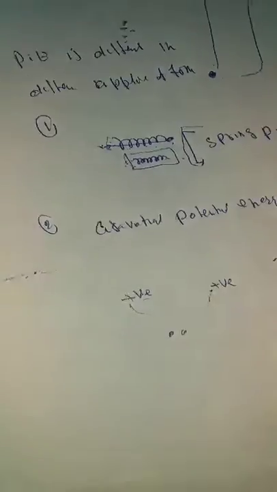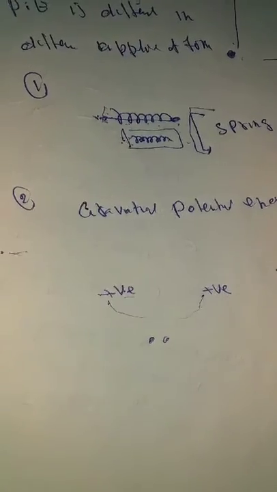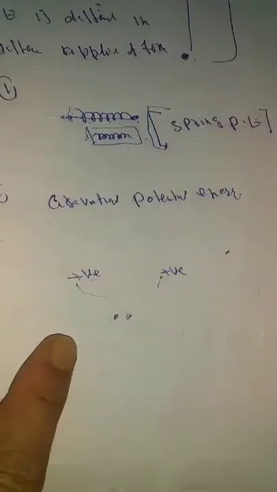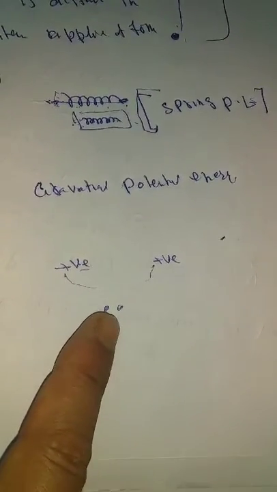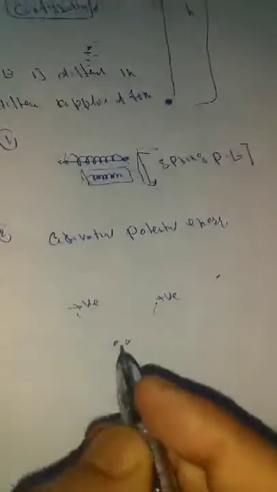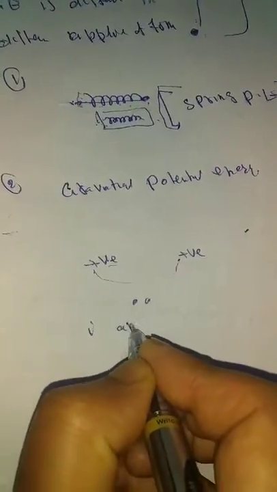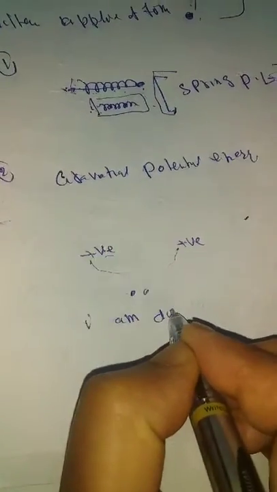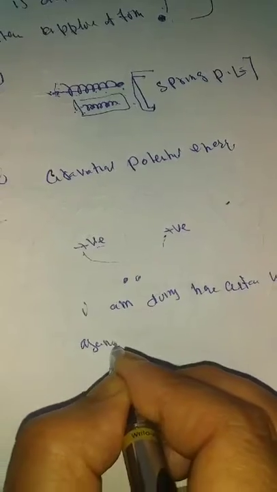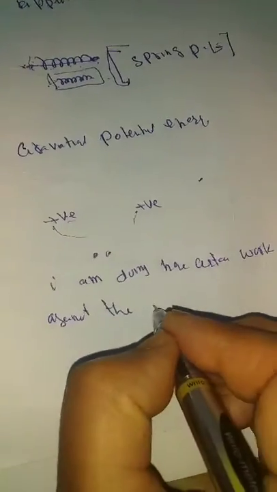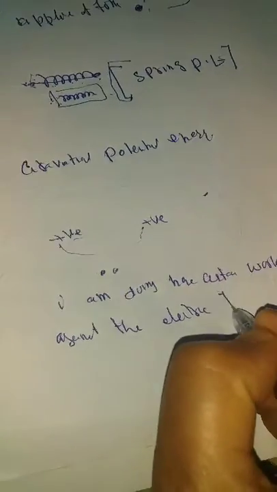Suppose these are two positive charges. These are like charges, and like charges repel, they move away from each other. But I am using an external force. By using the external force, I am bringing these two charges closer, and that means we have done certain work against the electric force.